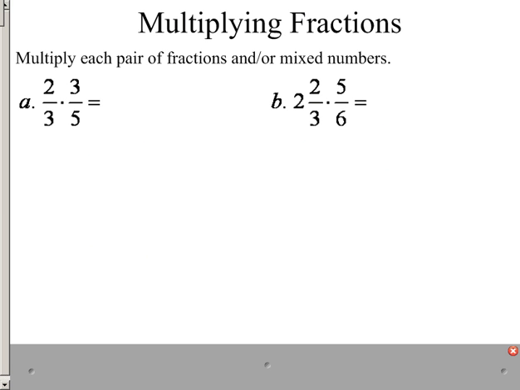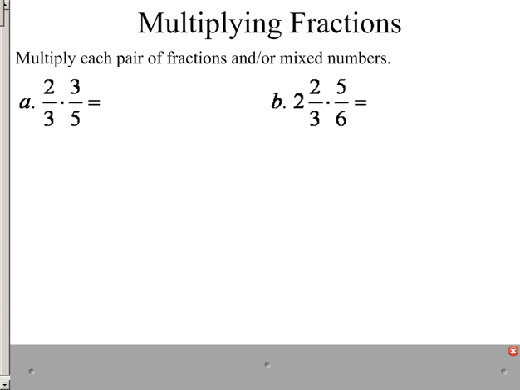Okay. Multiplying fractions, we're going to multiply each pair of fractions here. We get 2/3 times 3/5, and then we're going to get 2 2/3 times 5/6. All right, 2/3 times 3/5.